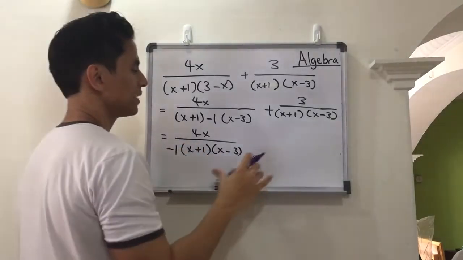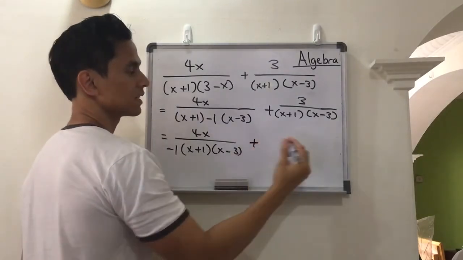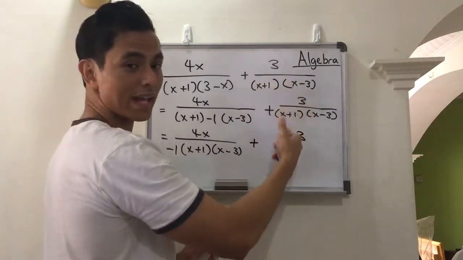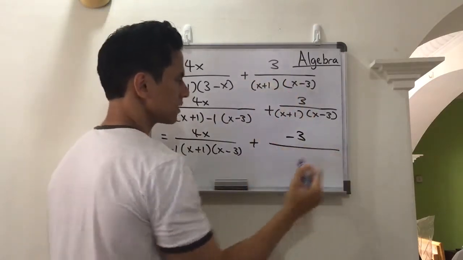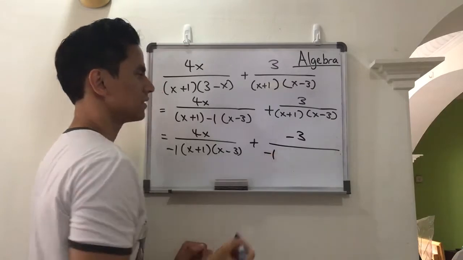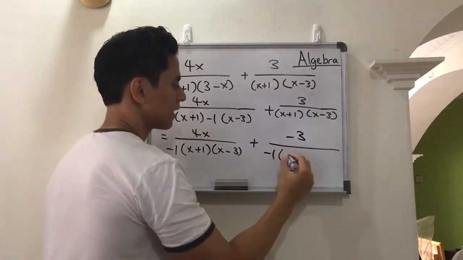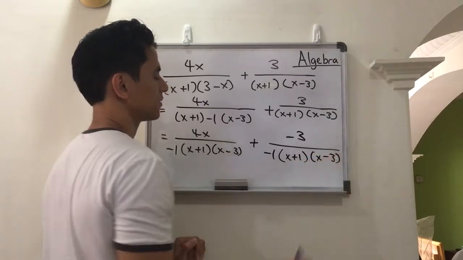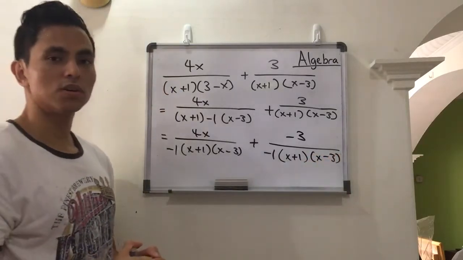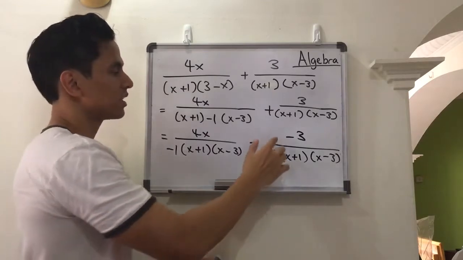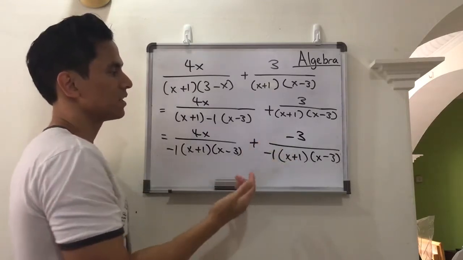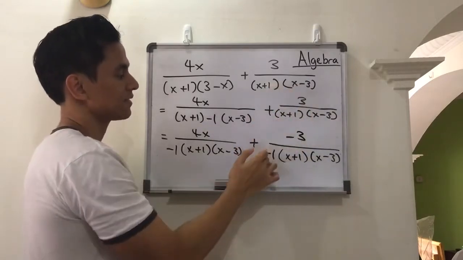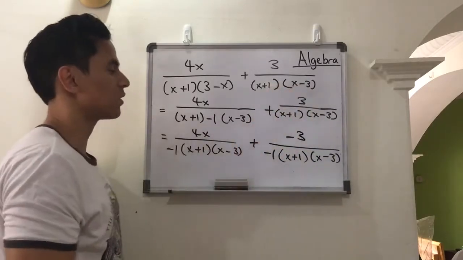Okay, so it will give me plus -3, right? Because I'm multiplying -1 on top and the bottom. And this becomes -1 times x plus 1 times x minus 3. Okay. And it's true because both of them have negative signs here, right? So they would also be equal to this, because both of the negative signs would be cancelling each other out.